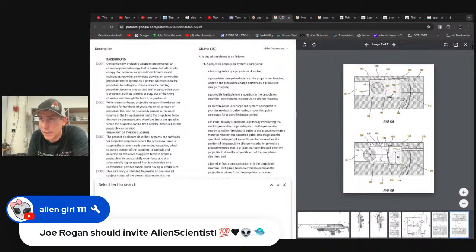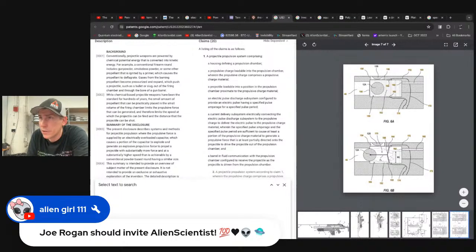Yeah. The present disclosure describes systems and methods for projectile propulsion where the propulsive force is supplied by an electrically overloaded capacitor, which causes a portion of the capacitor to explode and generate an explosive propulsive force to propel a projectile with substantially more force and at a substantially higher speed than is achievable by conventional powder-based round having a similar size.